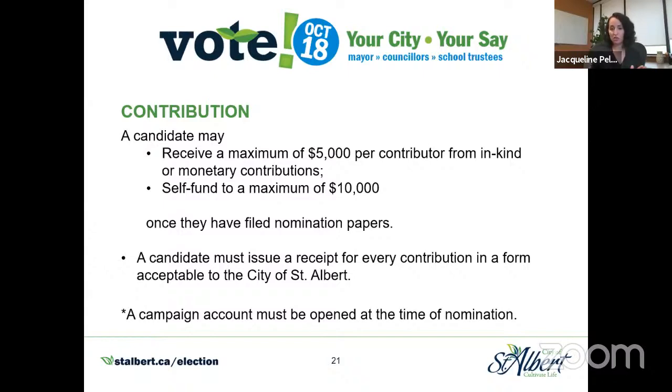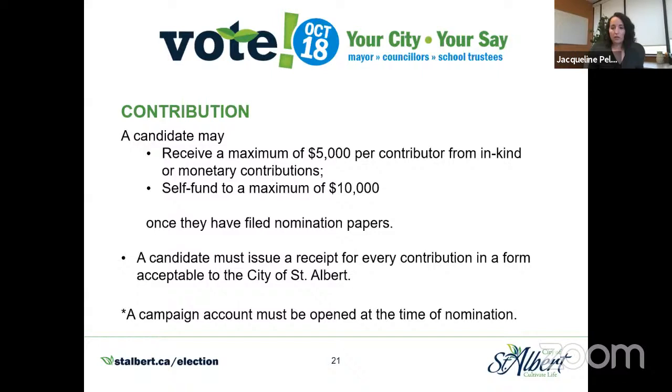Corporations cannot make contributions. So with that out of the way, a candidate can receive up to $5,000 per contributor from either in-kind or monetary contributions, and they can also self-fund to a maximum of $10,000. And this is once they have filed their nomination papers in 2021.